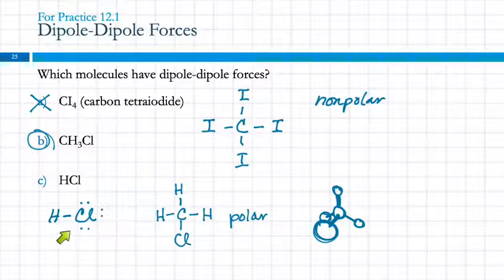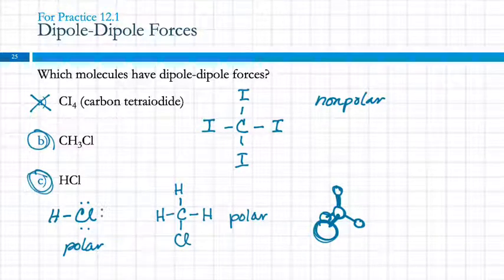Are these 2 elements the same? Nope. Most likely it's polar. And in any question I ask you on an exam, that will work. I'm not saying that's always true, but that's what I want you to remember because it's easy and it works most of the time. So this is polar because hydrogen and chlorine are different. So this also has dipole-dipole forces.